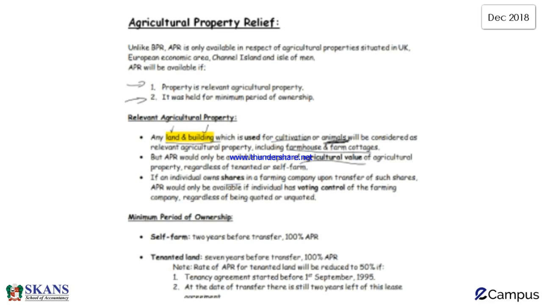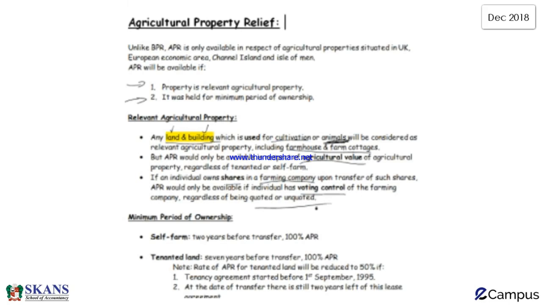As far as shares are concerned, shares could also qualify for agricultural property relief, provided that these are shares of a farming company and the individual has voting control in that company. Regardless of this company being quoted or unquoted, it must be a farming company, that is, its main source of earning is farming, and the individual must be more than 50% shareholder, or must have voting control in the company.